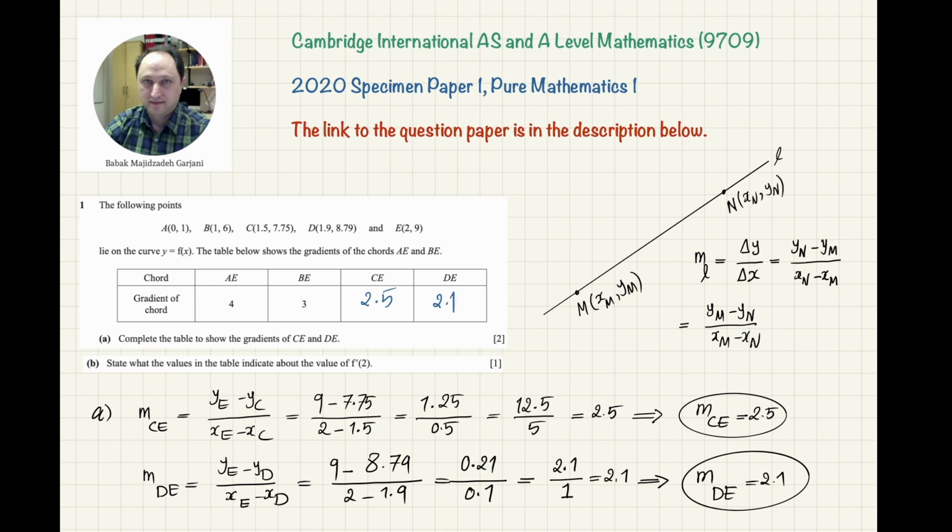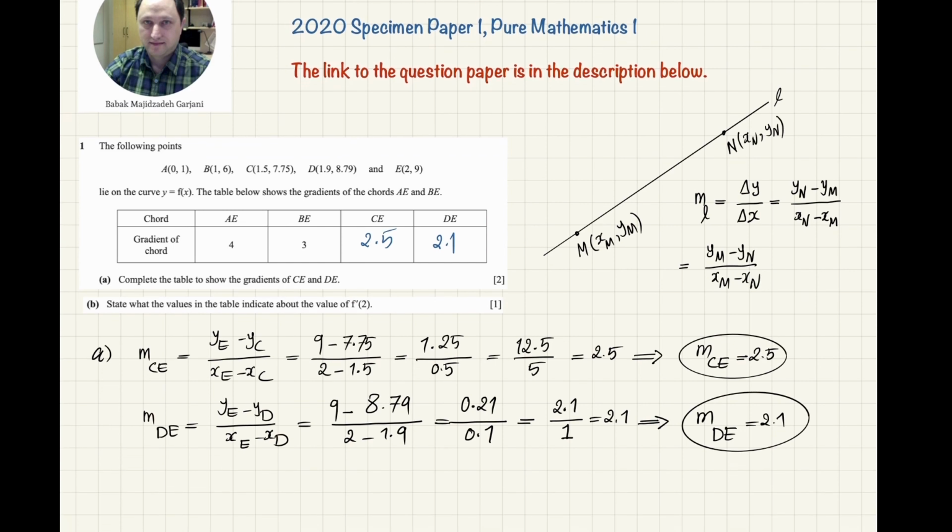Okay, so far so good. Now we go to the second part of this problem. Let us read it. State what the values in the table indicate about the value of f prime of 2, the derivative of function f at x equal to 2.